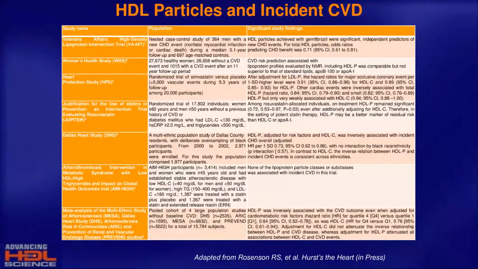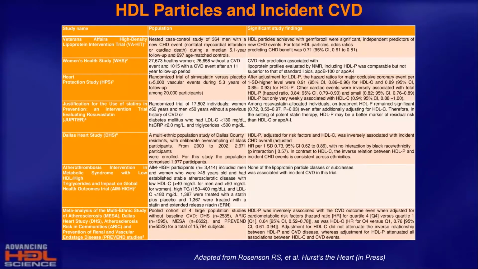This is a very busy slide, and the purpose is not to read the details, but this is a table from an upcoming chapter in Hurst's The Heart, Dyslipidemia, that I'm leading in collaboration with some other world-class investigators in this field.